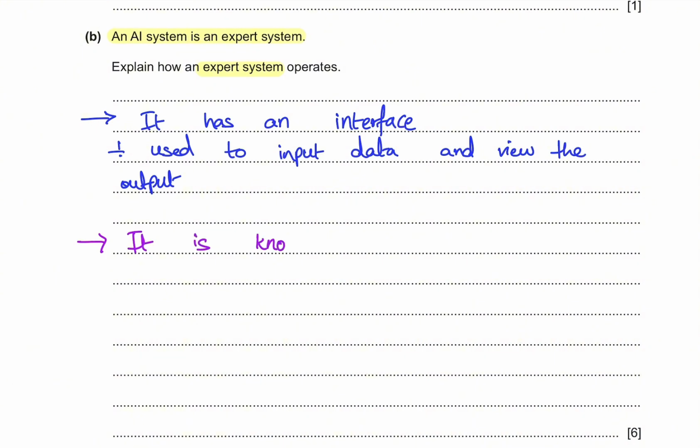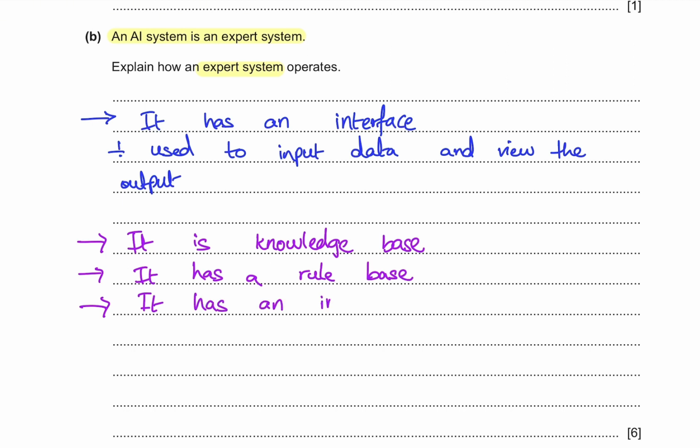When you learn about expert system, it is knowledge base. It has 6 or 7 rules. It has a rule base. Okay. And then it has an inference engine.